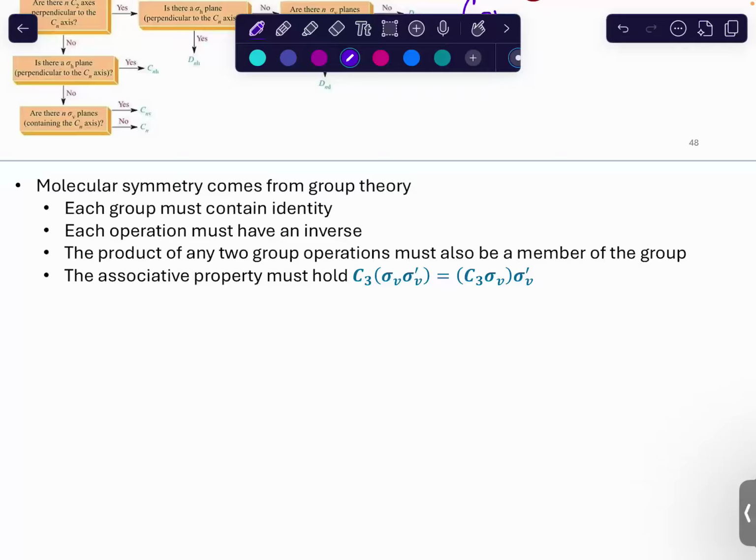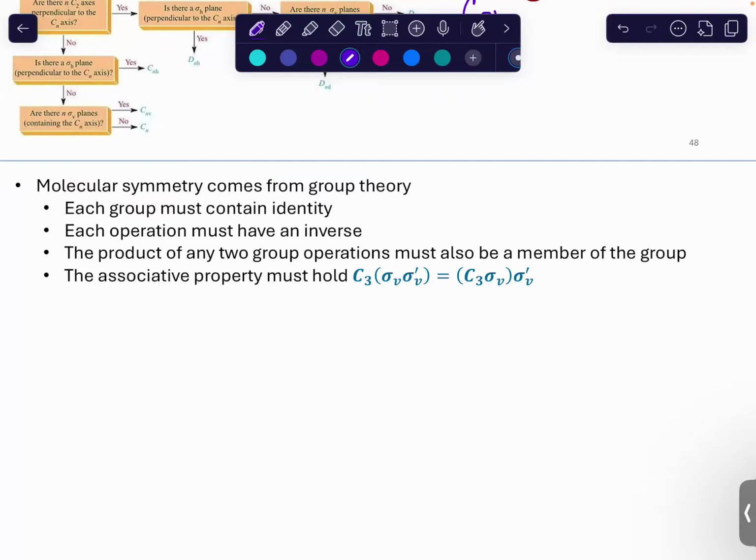So in this one, on the left, I would do the sigma V first, then reflect it through the sigma V prime, then I would C3 it. That should equal me being able to C3 it first, then sigma V it, then sigma V prime it. You'll get the exact same configuration.